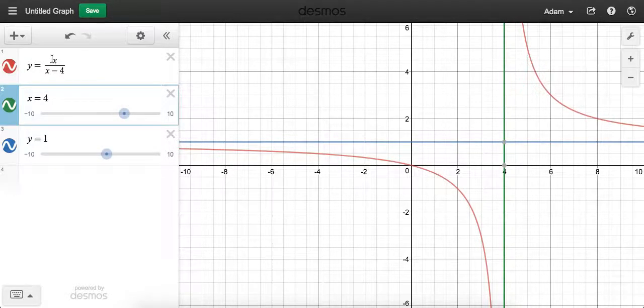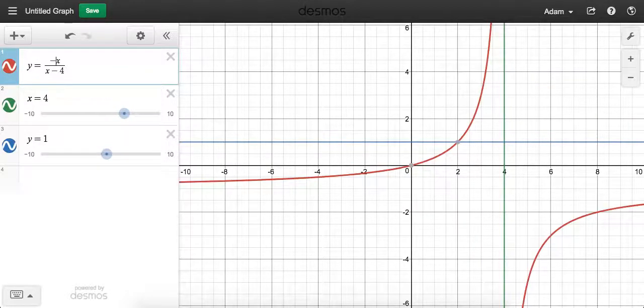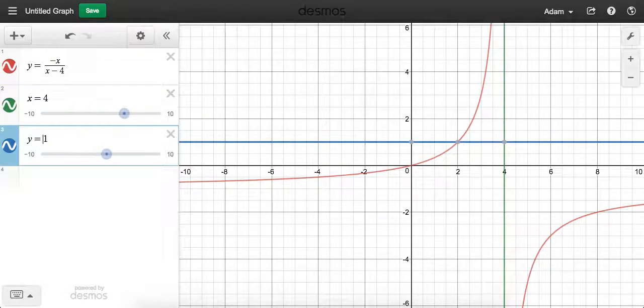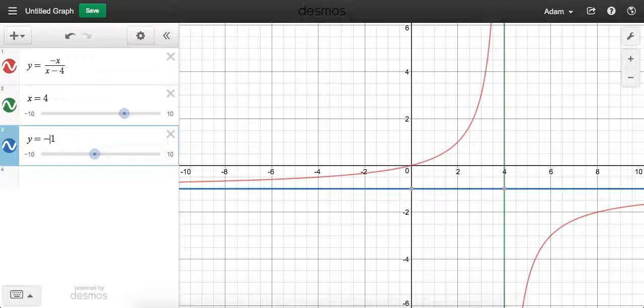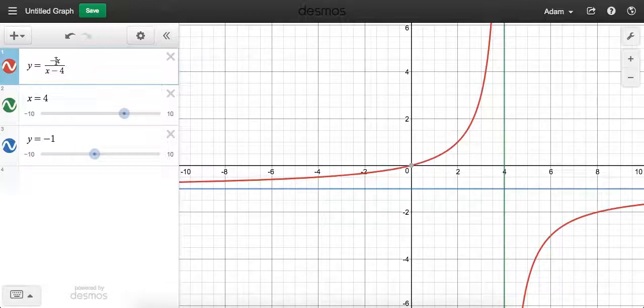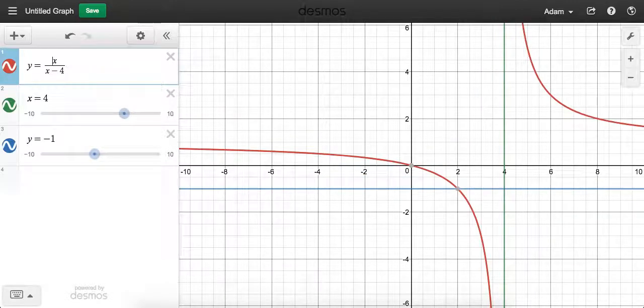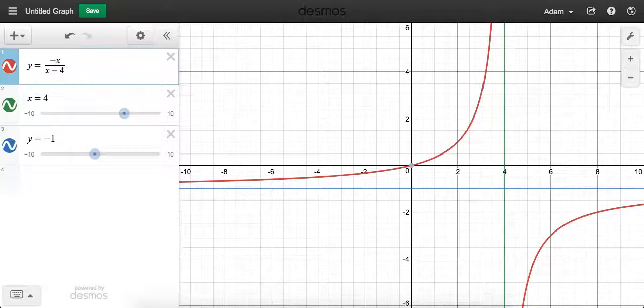Okay, let's change another thing. If I make the top negative, notice that my vertical asymptote is the same. It's still x is equal to 4, but my horizontal asymptote has to flip as well, become -1. And we also notice that the function, I'll delete it here real quick and take a look, and then put it back in, it flipped.